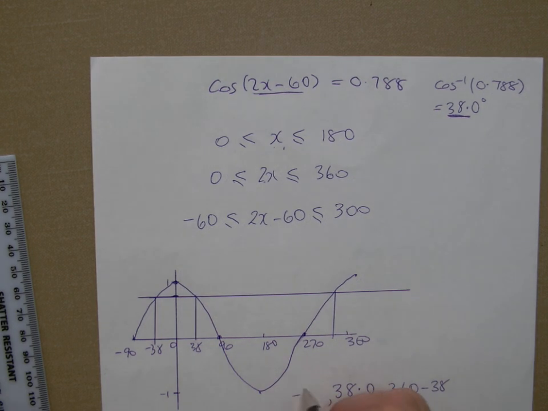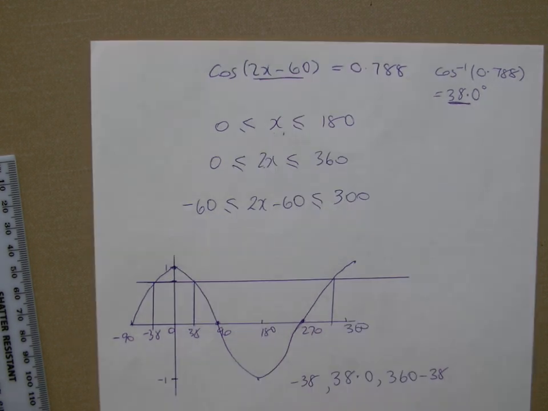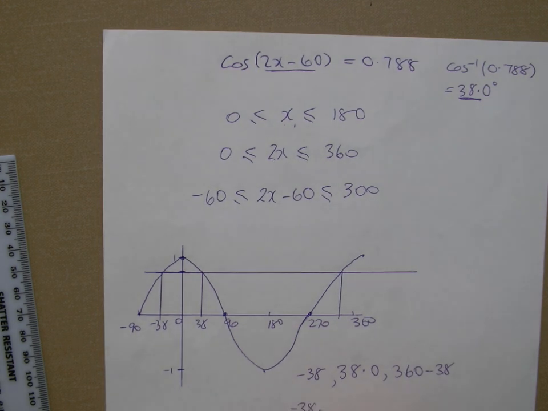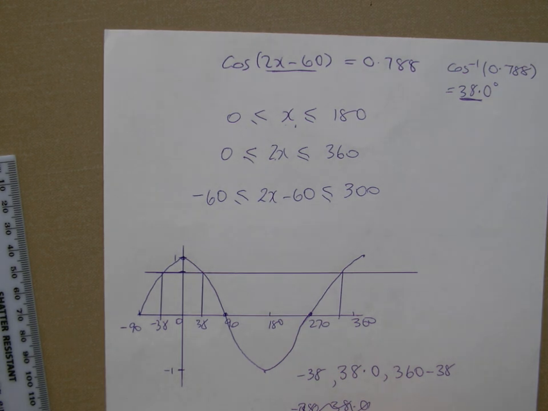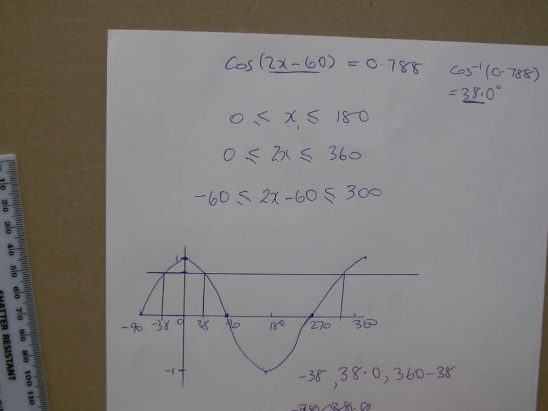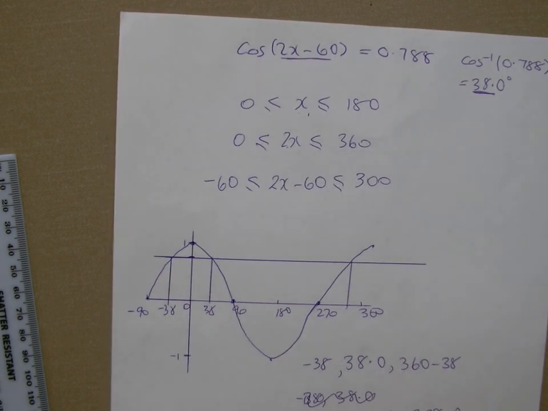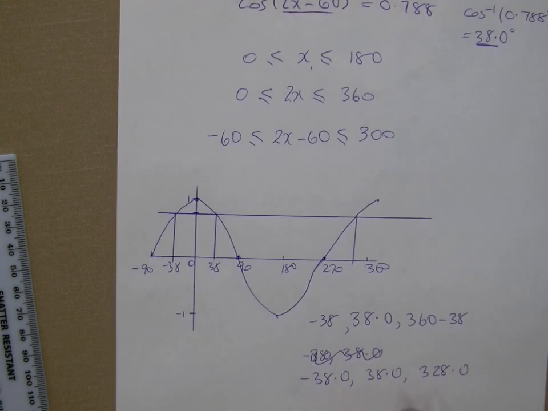So I've got all my solutions: minus 38.0, 38.0, and if I take away 38.0 from 360, I get 322.0, and then 328.0. Those are my solutions.